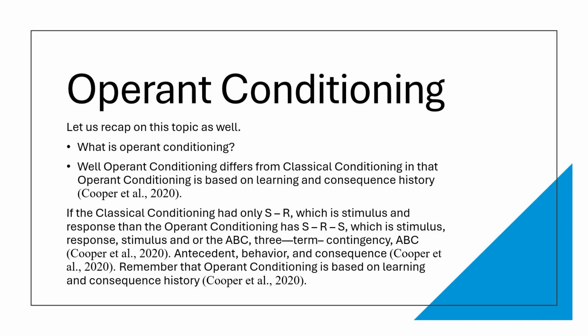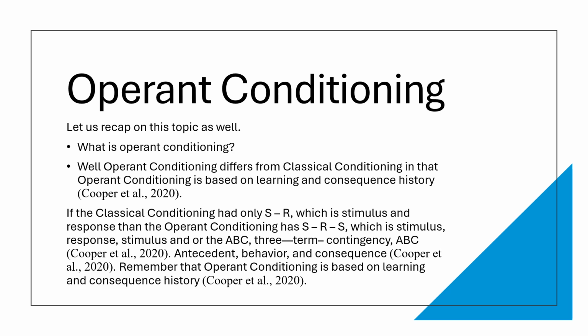Operant conditioning. Let us recap on this topic as well. What is operant conditioning? Well, operant conditioning differs from classical conditioning in that operant conditioning is based on learning and consequence history.